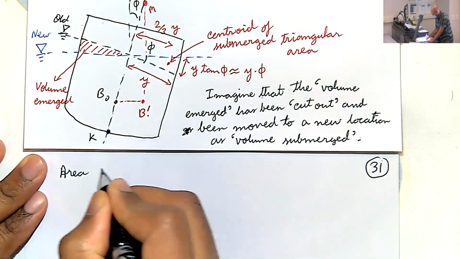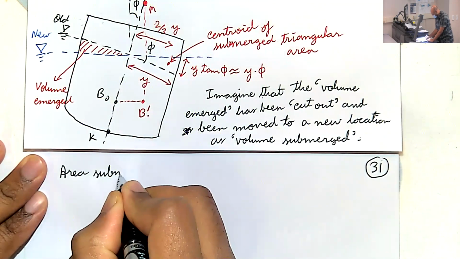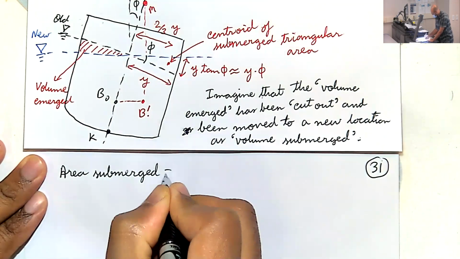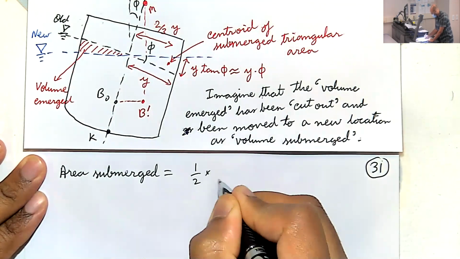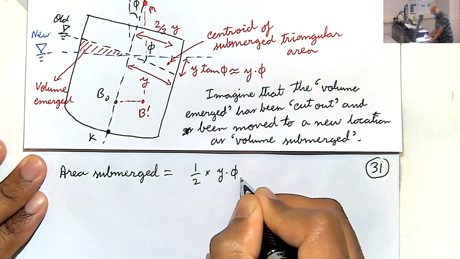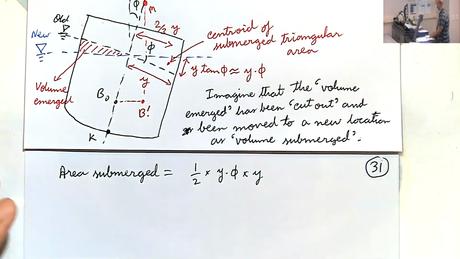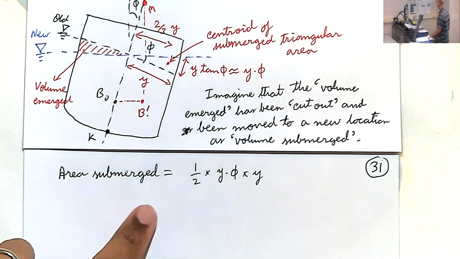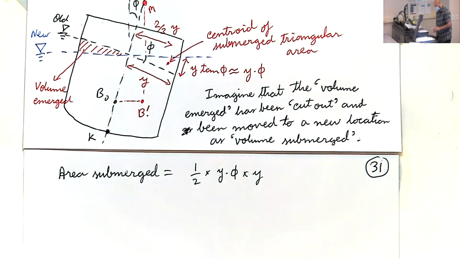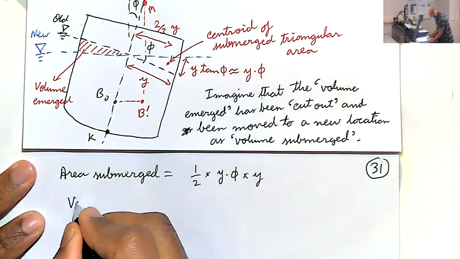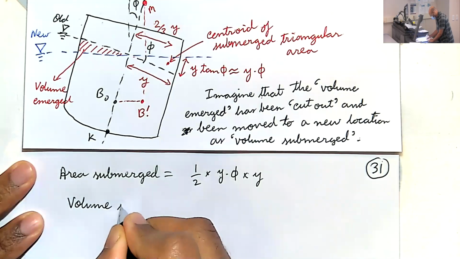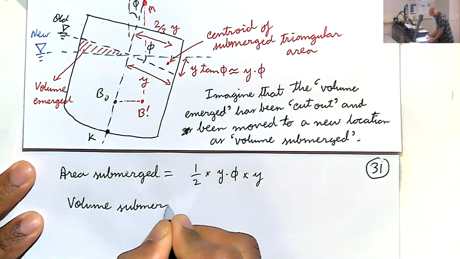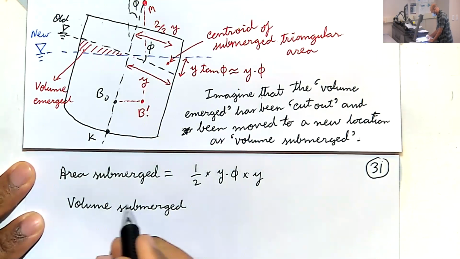Area submerged is half times y times phi times y. So base times height and half of that. Volume submerged would be, and of course this is equal to volume emerged.